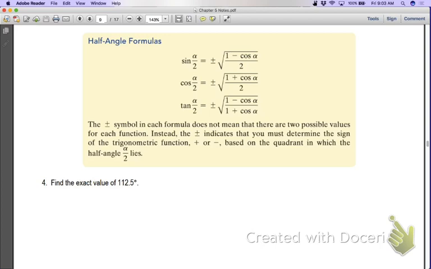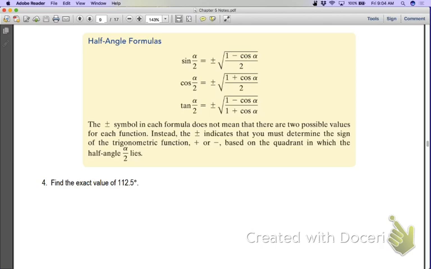The reason you have a plus and a minus is that you've got to pick which one it is. Is it positive or is it negative? It's all dependent on what quadrant it's in, and not the angle that you have, like the 112.5. You're not looking at that one. You're looking at where the full angle is, not the half angle. Does that make sense?